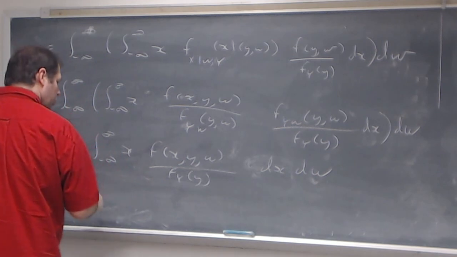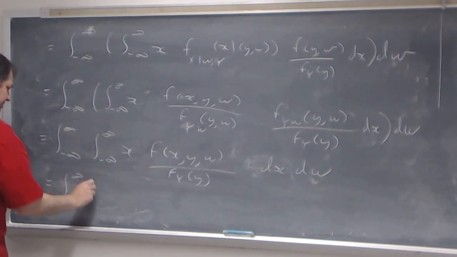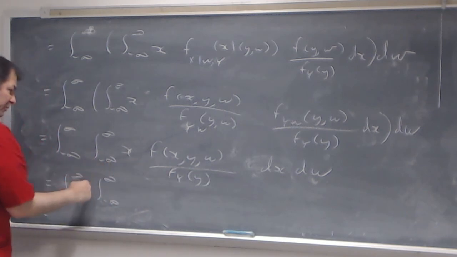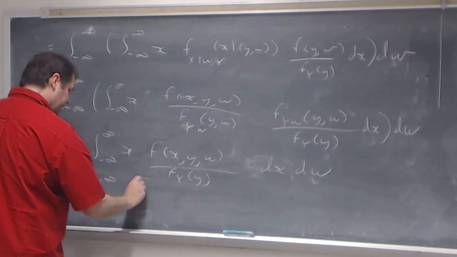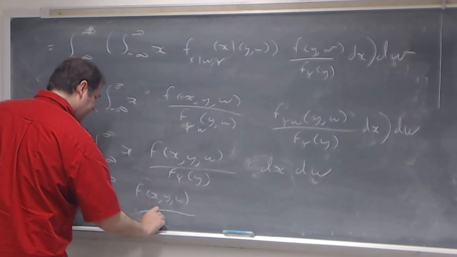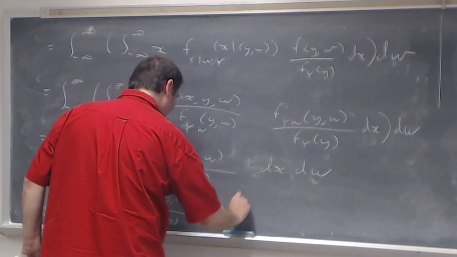And then we're going to switch the order of integration. So I'm going to rewrite this with the integrals in the other order, so I can pull out the x, because x is going to be last. And here it's f of x comma y comma w over f sub y of y, and then this is dw dx.